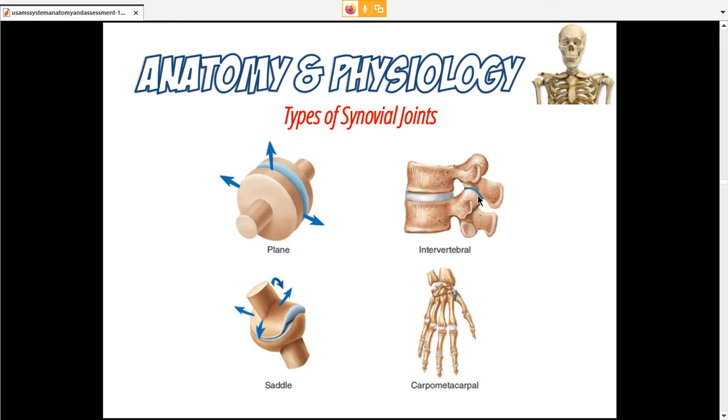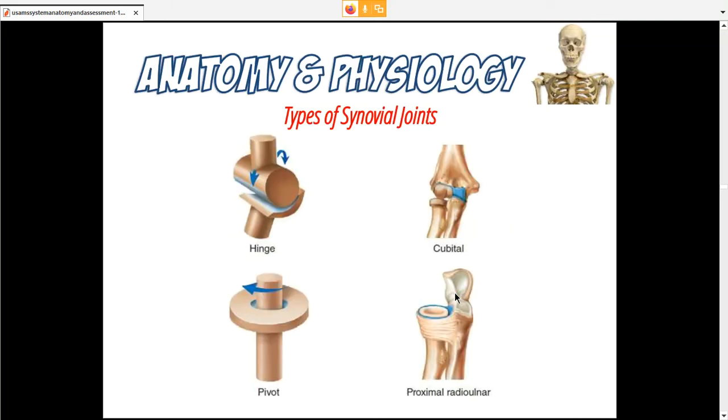Very slight movement takes place. Then coming to the saddle joint: just as a saddle is present on a horse, saddle joints are present in the same way. The example is the carpometacarpal joint, between the carpals and the metacarpals. This joint is called a saddle joint.